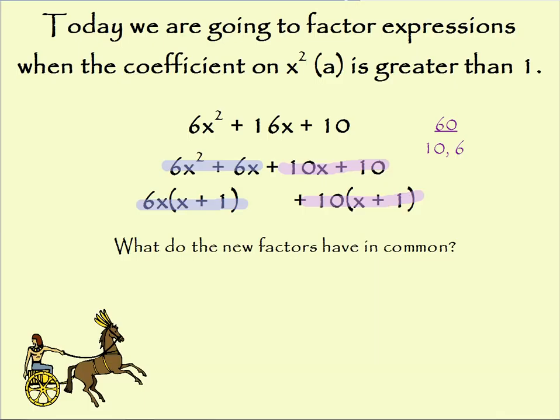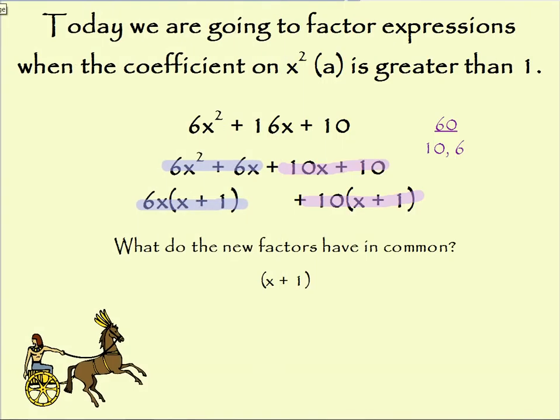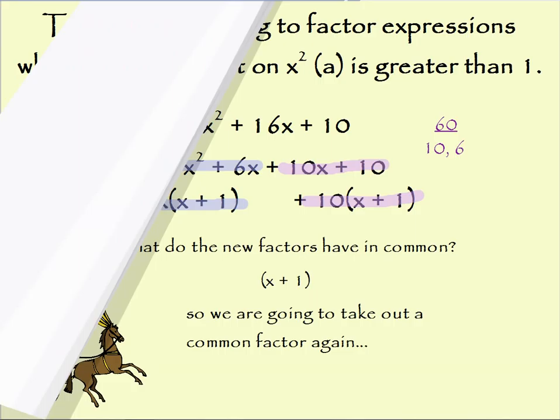What do they have that's identical to both? They both have an x plus 1. So even though we already did some greatest common factor factoring, we're going to do that again, and I'm going to pull out an x plus 1 from both terms.